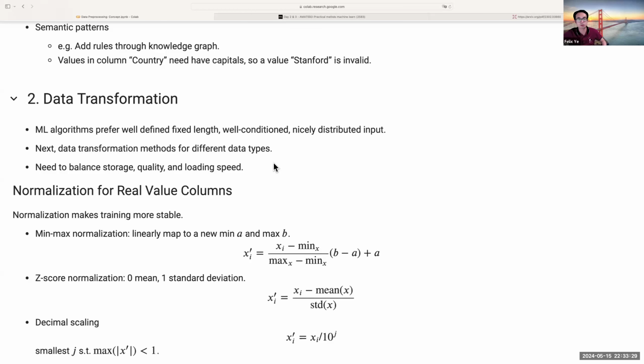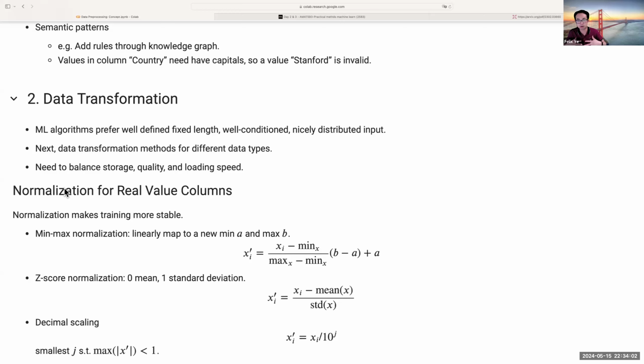So we need to apply different types of data transformation methods for different data types. We have a numerical type, we have a categorical type, we have various different types. And also we need to balance the storage quality and the loading speed. For example, for categorical data, we'll talk about this a little bit later, we can do one-hot encodings. But say we have 200 or 300 different categories to one-hot encode.